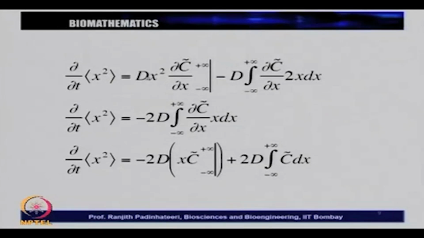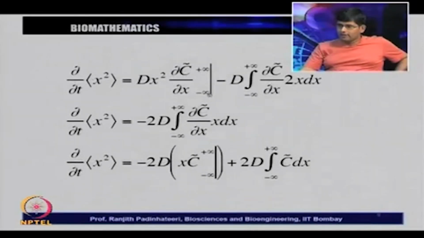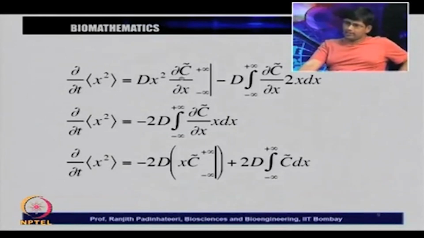Now, what is the derivative at infinity and minus infinity? We said that at infinity and minus infinity there is not anything. So, this derivative at both the places will go to 0. So, this term will go to 0, because there is no concentration at infinity and minus infinity. There is no derivative also, because there is no change in concentration either, because there is not anything at all.